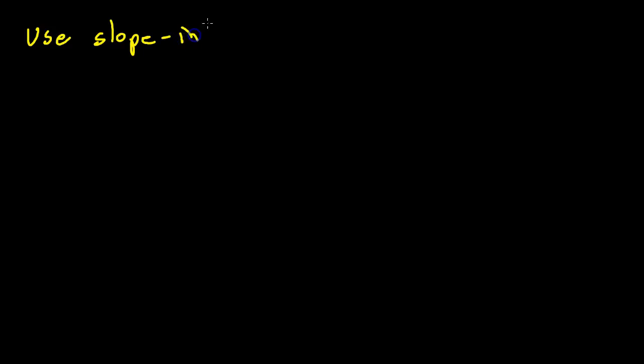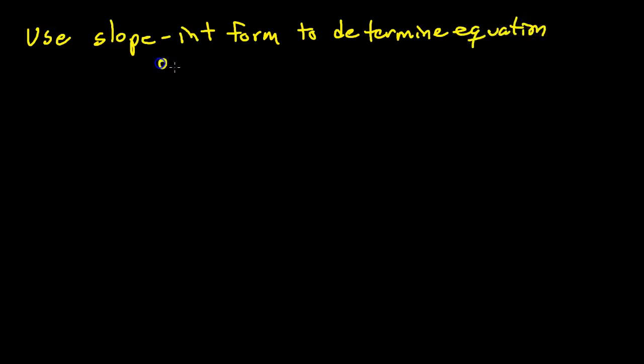Here we're going to use slope-intercept form to determine the equation of a graphed line. In other words, the line is already graphed for us, and we can use the information from the graph to determine the slope and the y-intercept, and with those two things we can then write down the line equation.